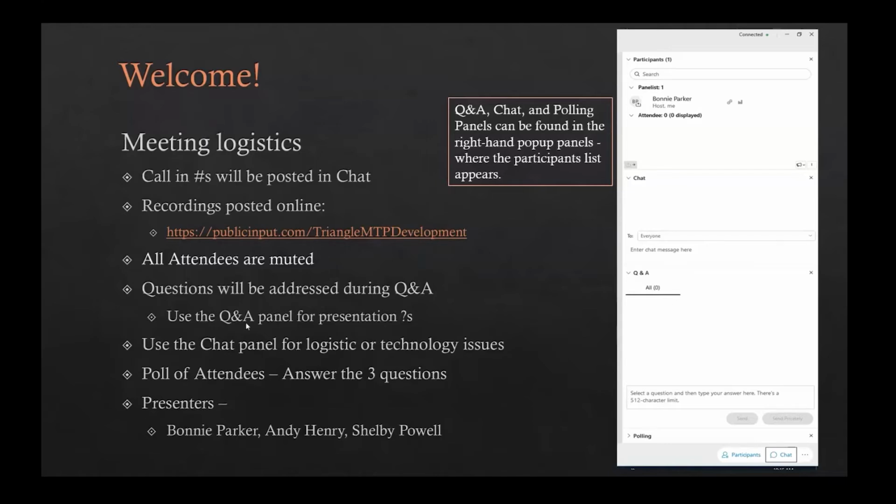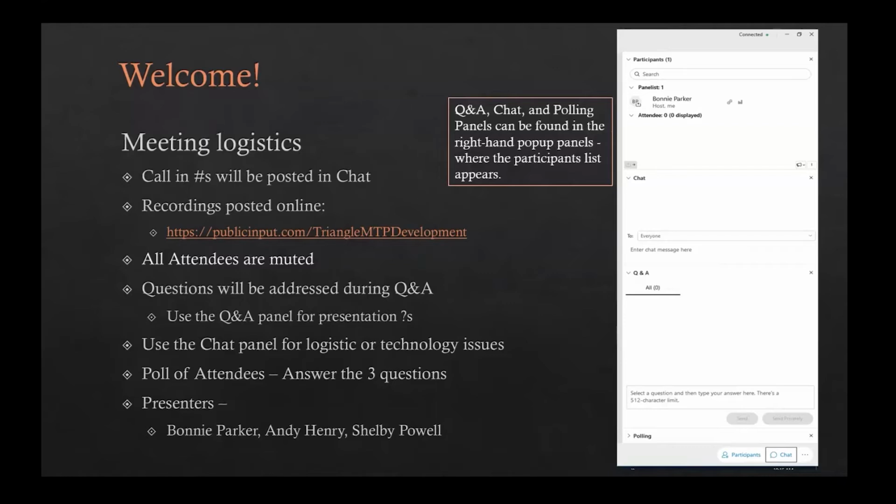We also have a quick poll that is an anonymous poll, but I'm going to go ahead and launch it. It too is going to show up in the panel on the right. If you could answer these three questions, we want to make sure that we're getting a good geographic representation of our entire Research Triangle region. So we're asking, what is your home zip code?